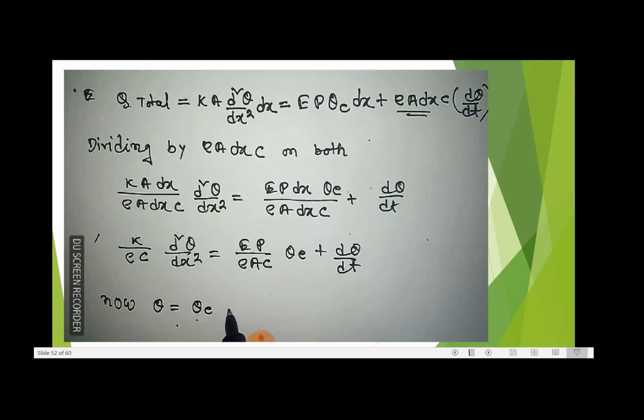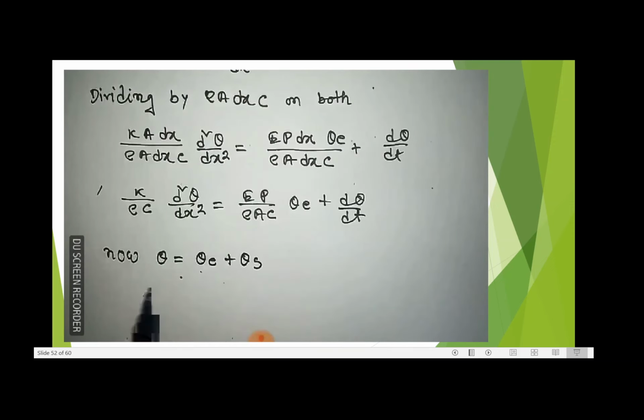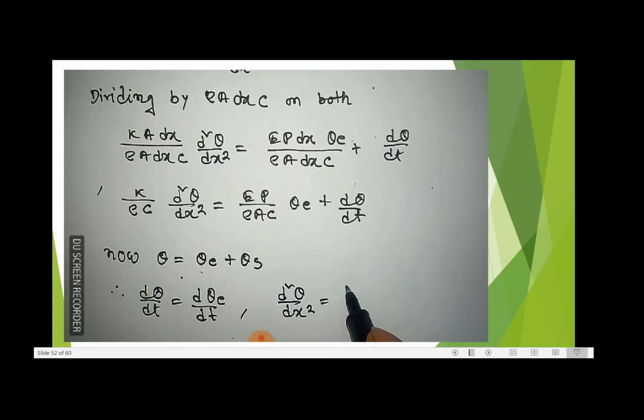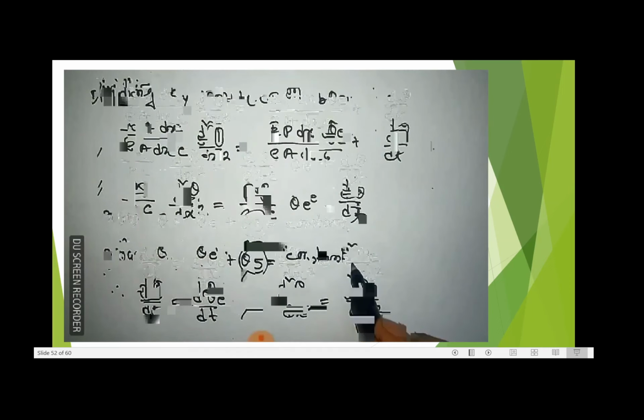Now we know that theta equals theta excess plus theta surrounding, that is, total temperature equals surrounding temperature plus excess temperature. Now differentiating, d theta/dt equals d theta e/dt, because the surrounding temperature is constant for this specific time.